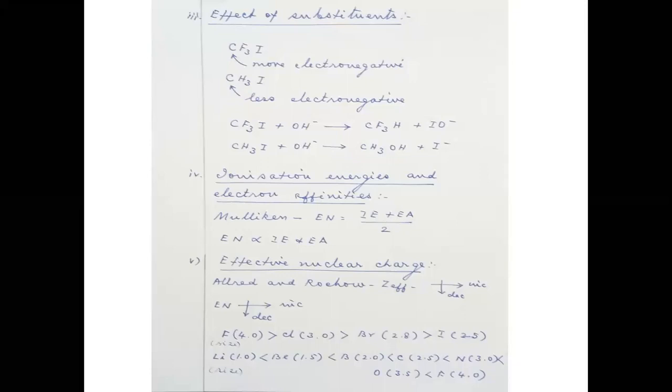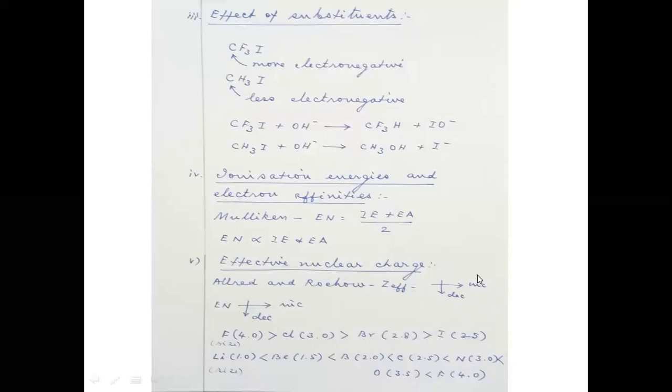So the nuclear charge experienced by the outermost electron decreases when the size increases and also when the number of inner electrons increases. The effective nuclear charge increases when you move along the period because the size decreases and atomic number increases. When you move down the group, it decreases.